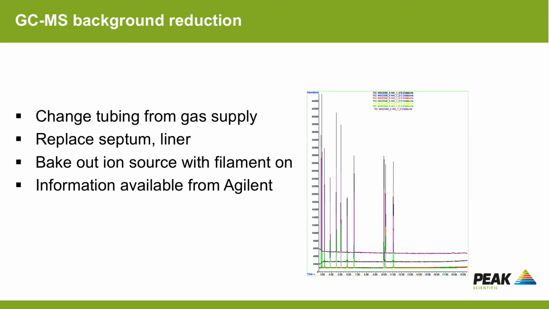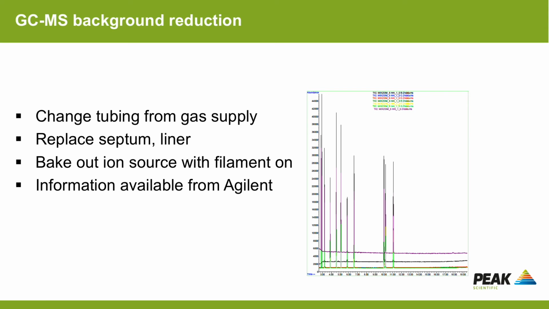So it's really advised to use brand new tubing, stainless steel if possible, from your hydrogen generator to the GC. Of course, replacing the septum and liner would be good practice. Normally changing the gold seal is not necessary, but it can be in some cases required, but not normally.